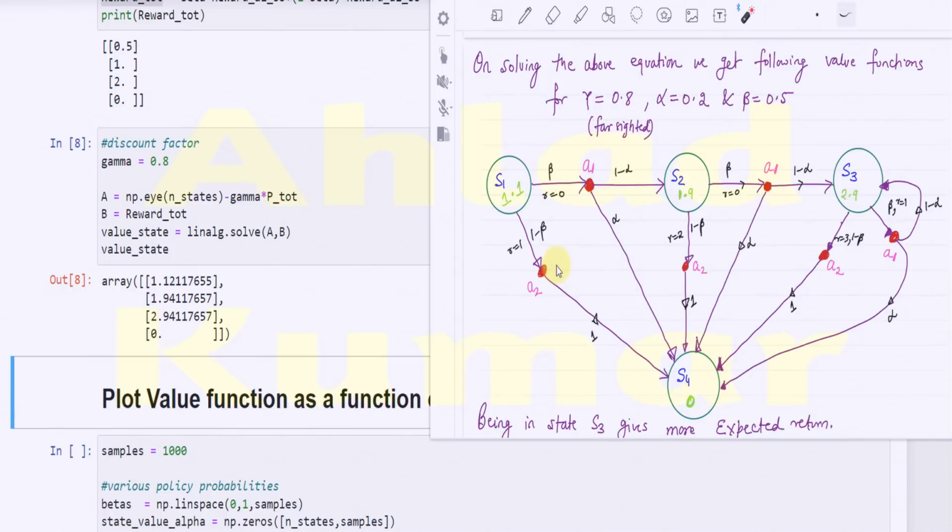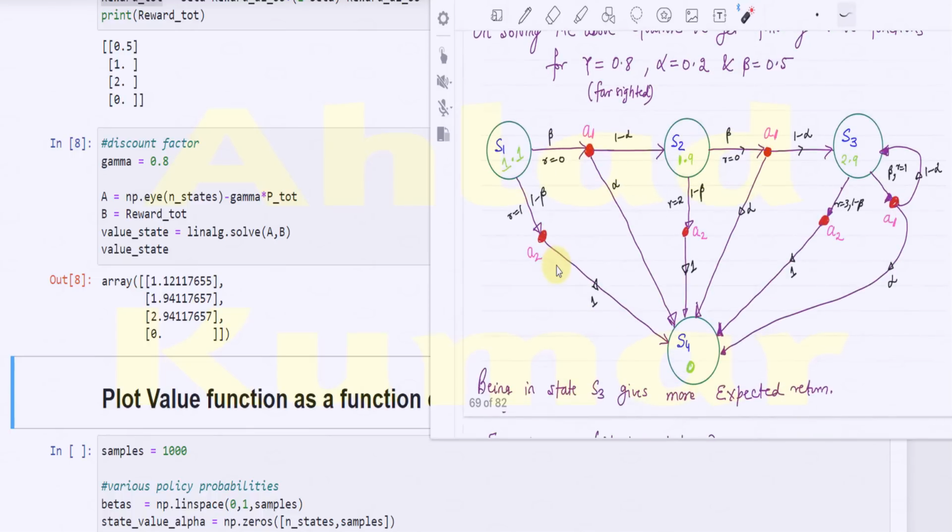You have a far-sighted policy where you take futuristic rewards into consideration. What you observe here is that being in state S3 is a profitable state because it gives you high expected returns.